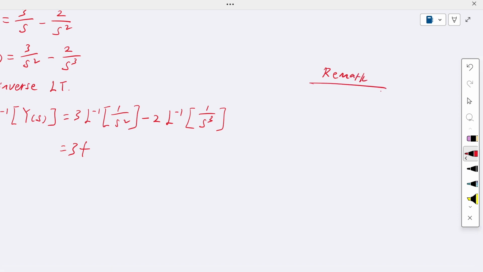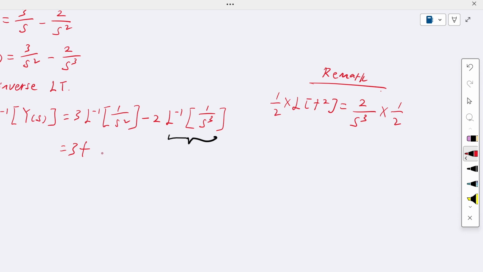What is the inverse Laplace transform of the second term? Remember, the Laplace transform of t squared gives us 2 factorial over s cubed. So in this case it is 1 over s cubed, so we need to multiply this by 1 over 2.